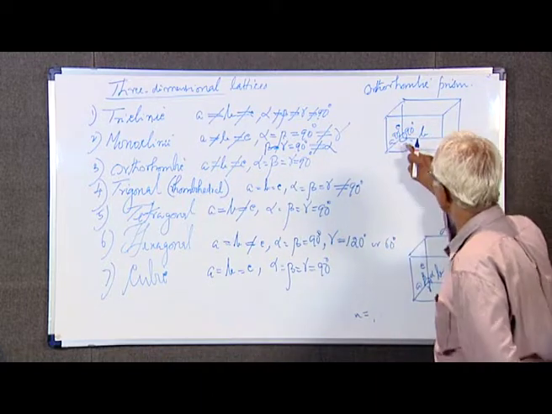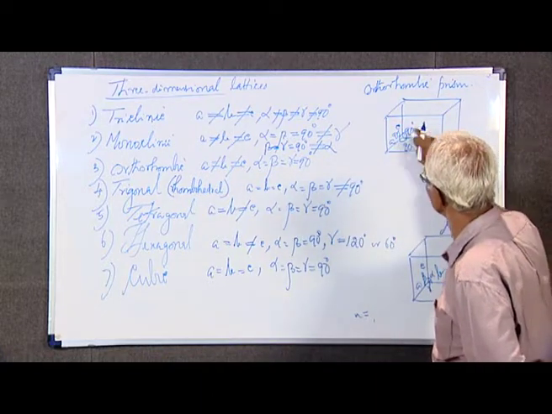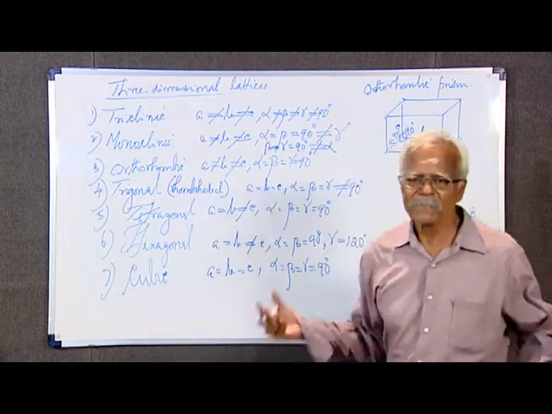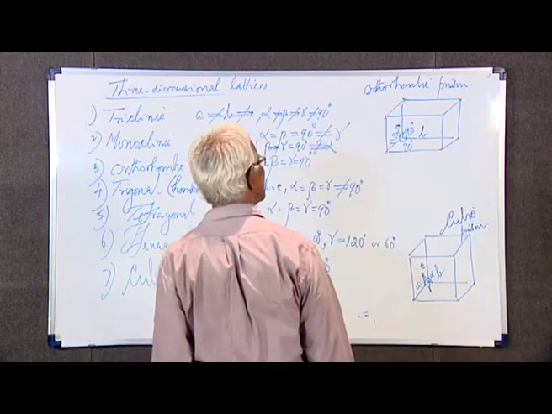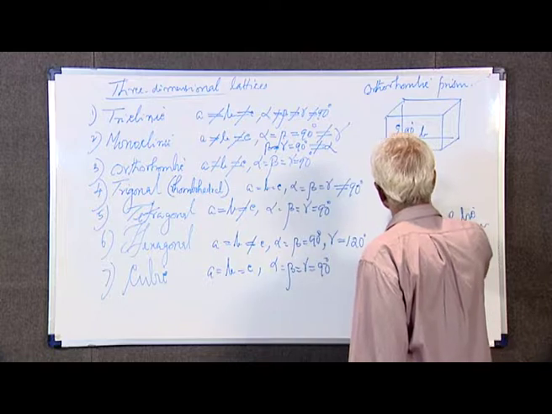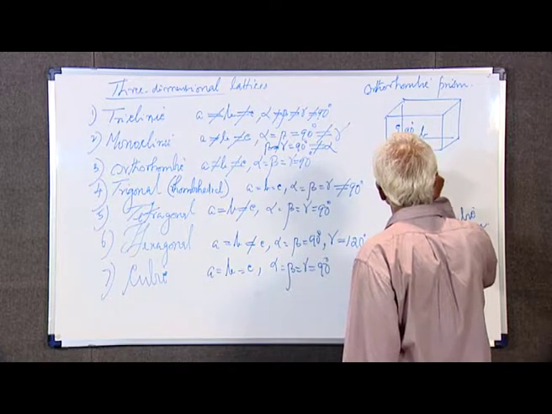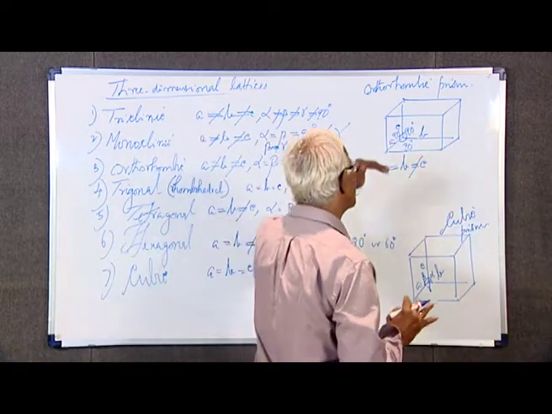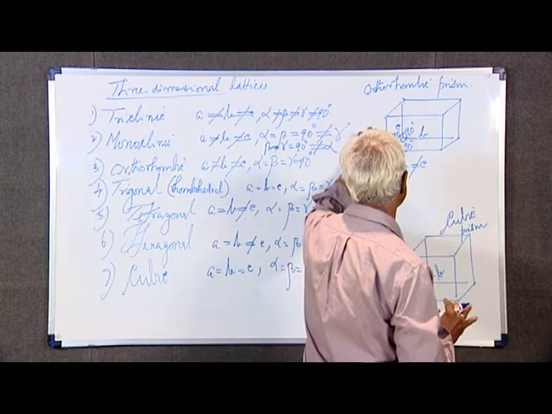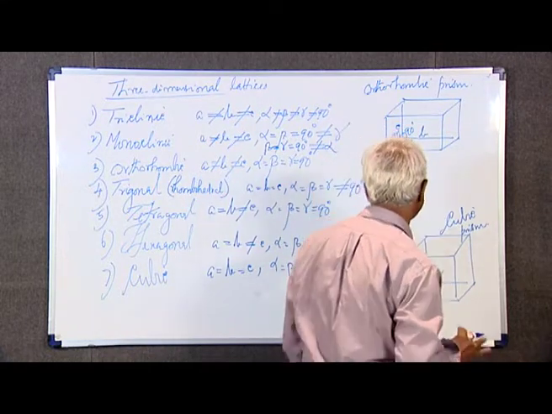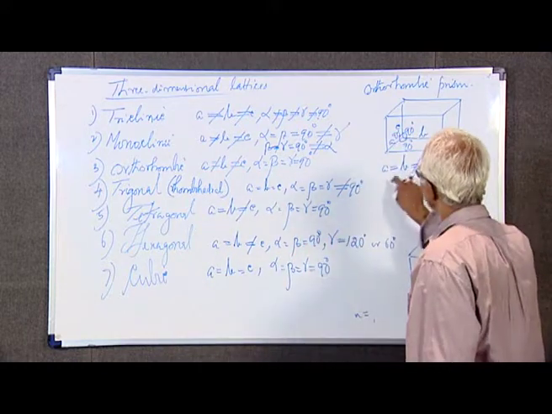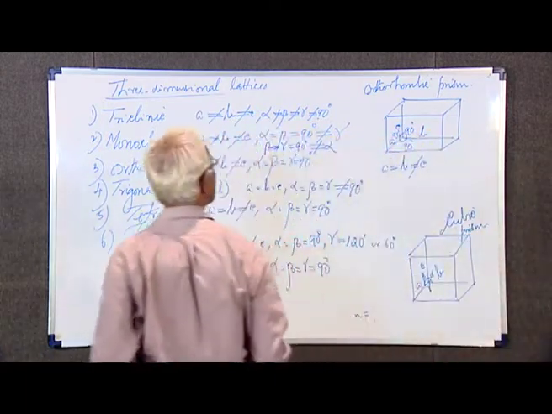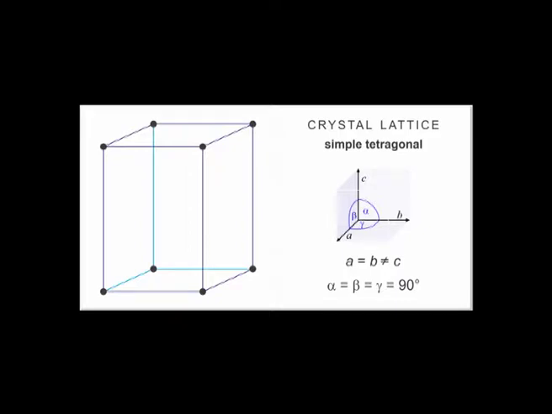But here you have A not equal to B, not equal to C. Here you have A equal to B equal to C. Evidently, it's just commonsensical to say that shall we not have a case where A equal to B not equal to C, that is it maintains part of the personality of this while the remaining part belongs to this. You take a hybrid of this, that is precisely the tetragonal lattice.